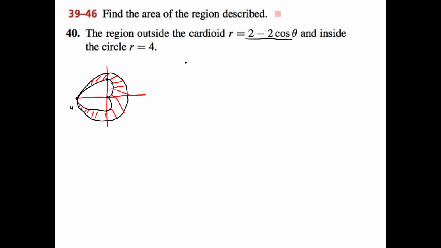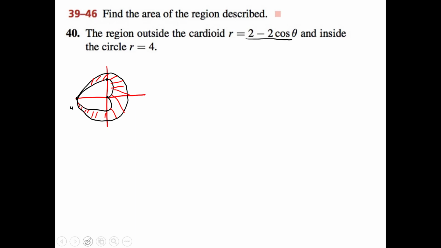To figure out the area of the cardioid, you can use some symmetry. My cardioid does not look symmetric, but it should be, right? And so then all we have to do is figure out the area of the top half.